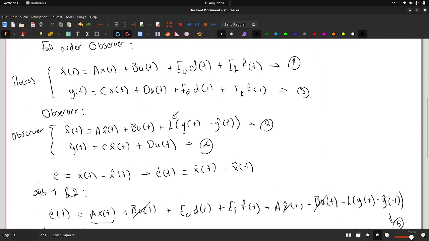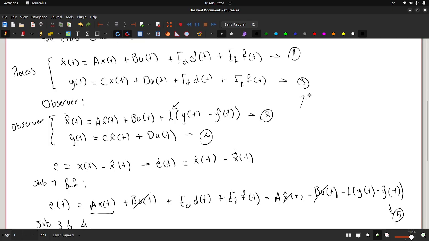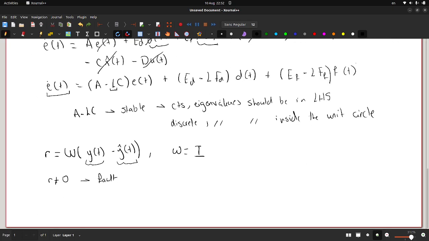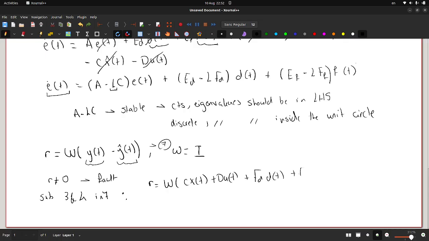So substituting 3 and 4 in 7, we can have the residual signal r equals w times cx of t plus du of t plus fd times d of t plus ff f of t minus cx hat of t minus du of t.